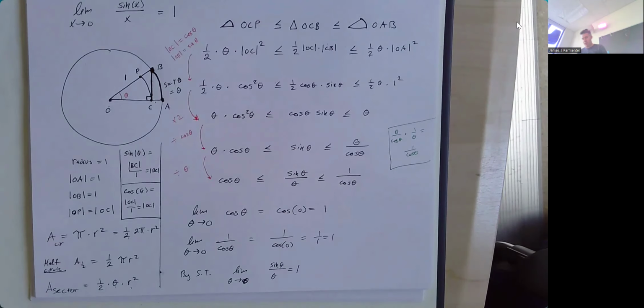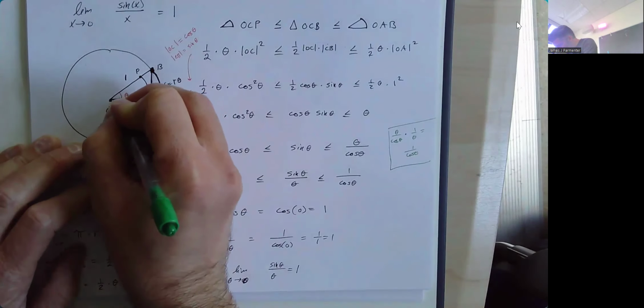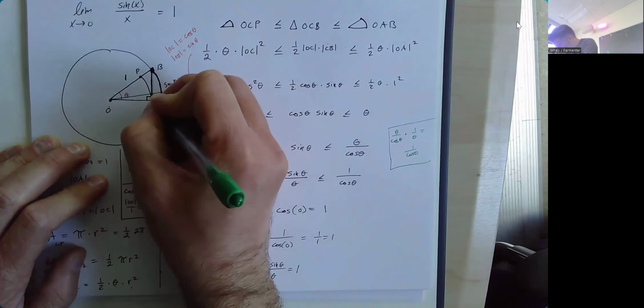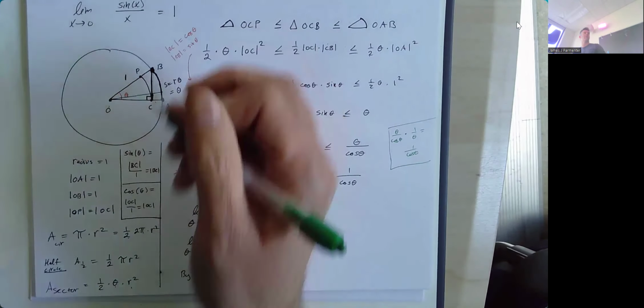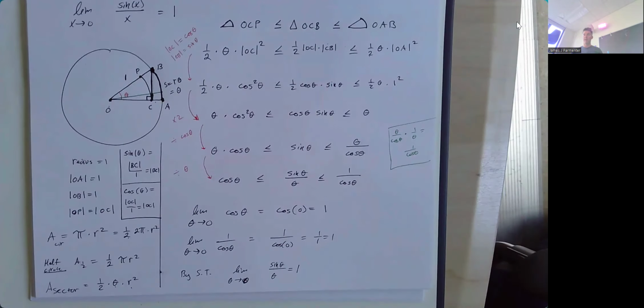And if the angle gets smaller, I'm going to take a risk here and try drawing it. If the angle is smaller, this length here and this arc length here are even closer to the same length. That's what this limit is really saying, that those two lengths, as the angle gets smaller, are closer and closer to each other in value. So the limit of the ratio is in fact 1.